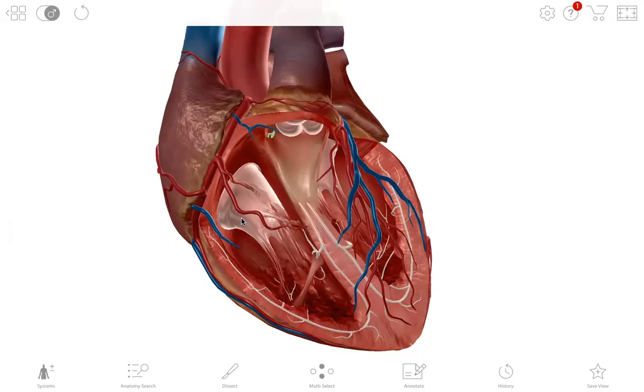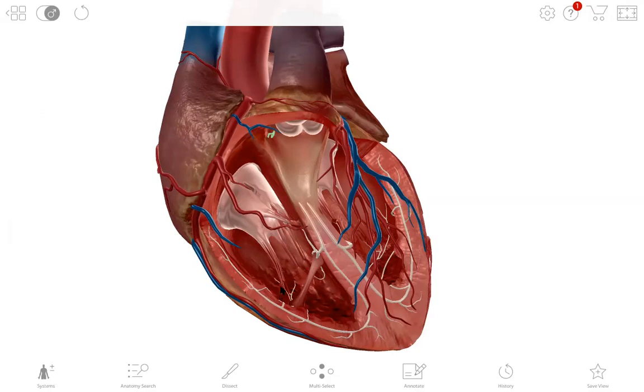The anterior cusp of the tricuspid through chordae tendineae will be attached to the anterior papillary muscle. The posterior cusp through its chordae tendineae will be attached to the posterior papillary muscle. The septal cusp through its chordae tendineae will be attached to the septal papillary muscle.